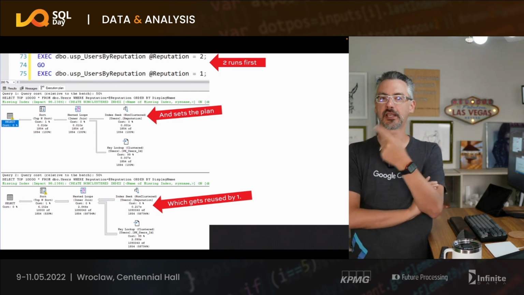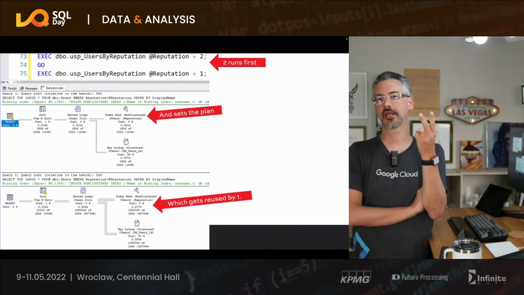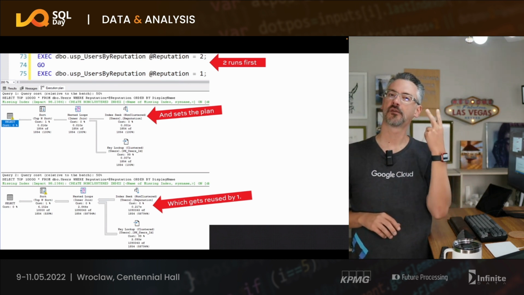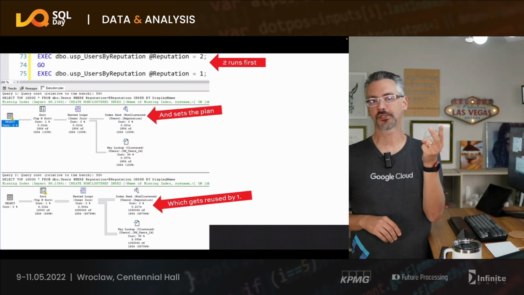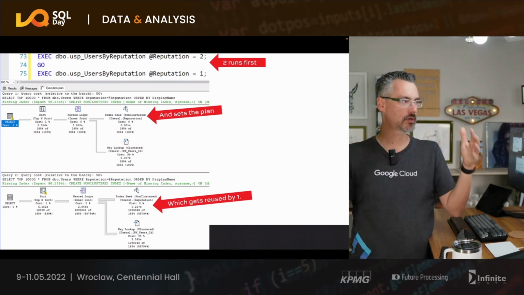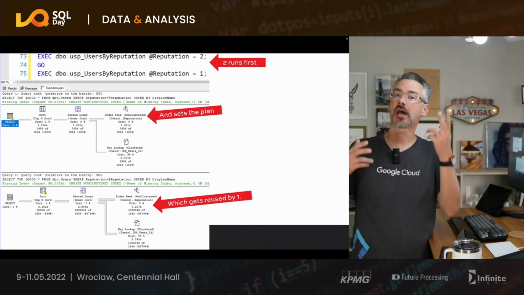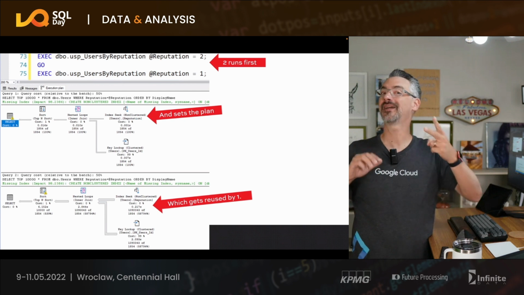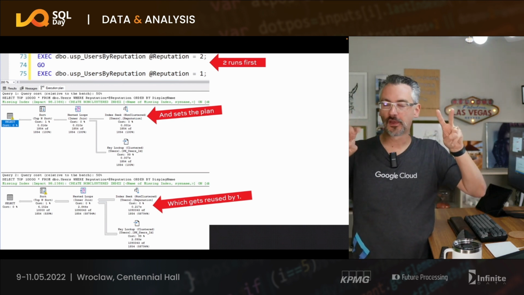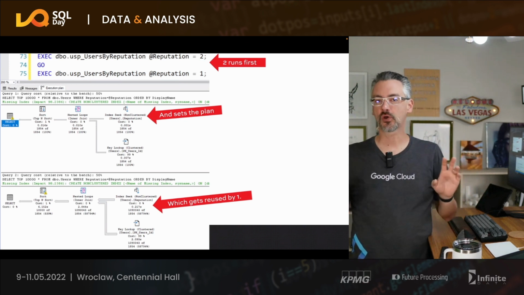In this case, it's sniffing reputation equals 2. And it's building an execution plan that is kind of sort of optimized for reputation 2. SQL Server looks at whatever parameters happen to run first and believes that most of the data distribution will match that. It's optimized for 2, but it's safe, and I use that in air quotes, safe for any other parameters. This one execution plan has to work for everyone.